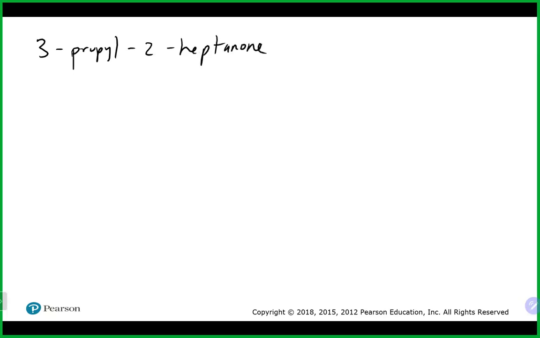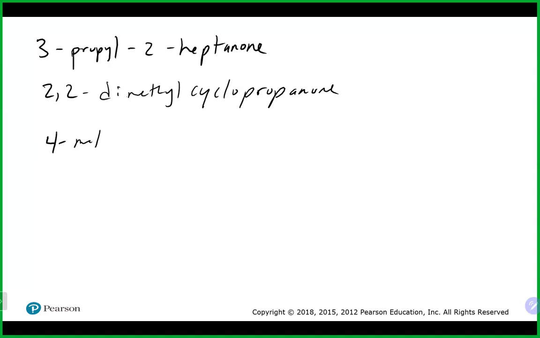Let's do 2,2-dimethyl cyclopropanone. Let's do 4-methyl 5-propyl.